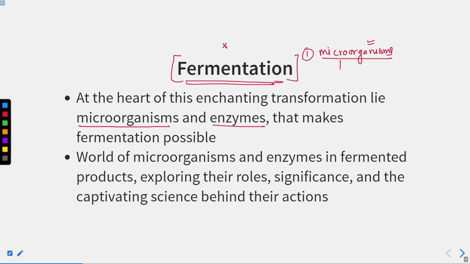And in these microorganisms, there are some important enzymes. If these enzymes are not present, then again the fermentation process cannot take place. So behind this important process, two things are required: microorganisms and enzymes. They secrete some enzymes, and that makes the fermentation possible.